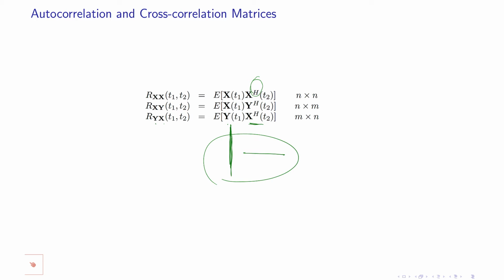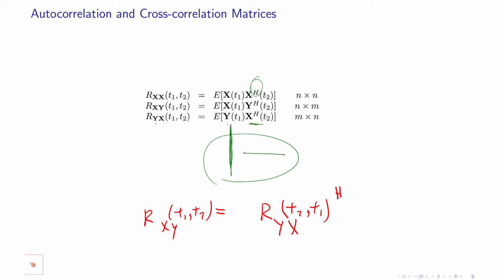Obviously r x y of t1 and t2 is equal to r y x of t2 and t1 complex conjugate and transpose, which is Hermitian. So these two matrices are Hermitian of each other.